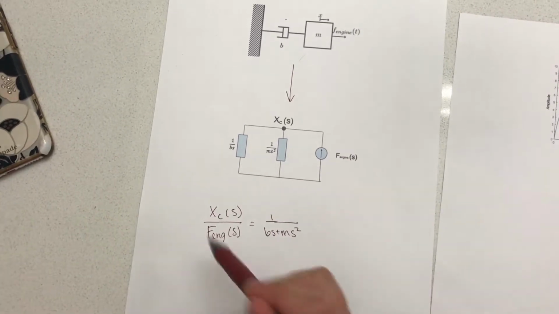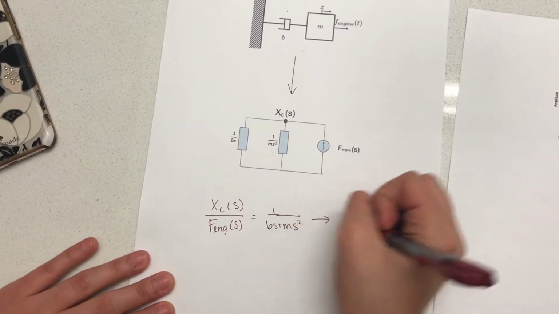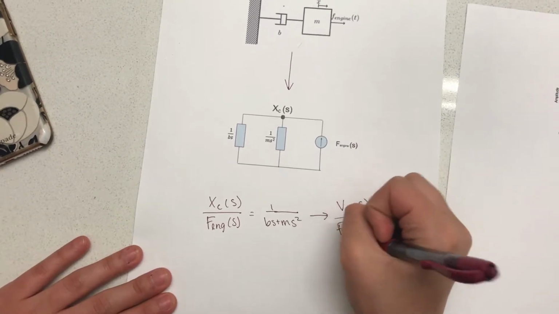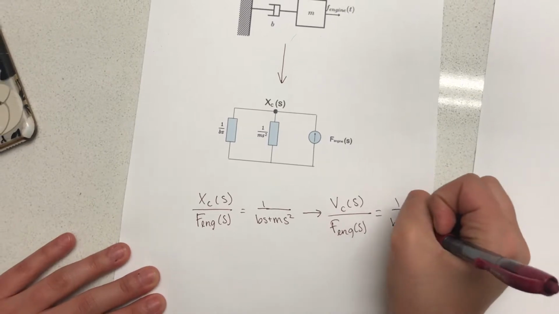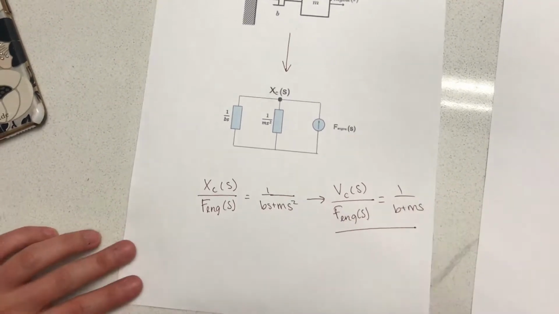However, we need the velocity, not the position, but that's a derivative, so in turn we can get V_c(s) over F_engine(s), which equals 1 over (b plus ms), which is our transfer function related to velocity.